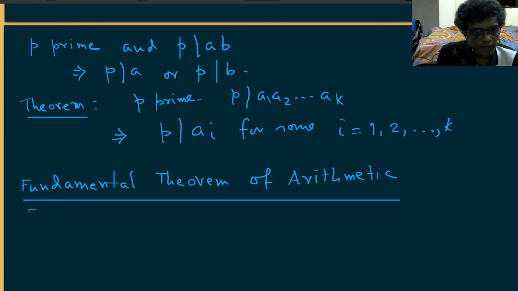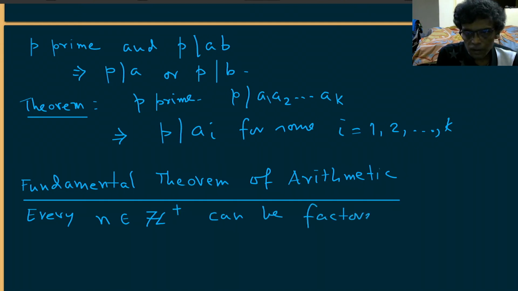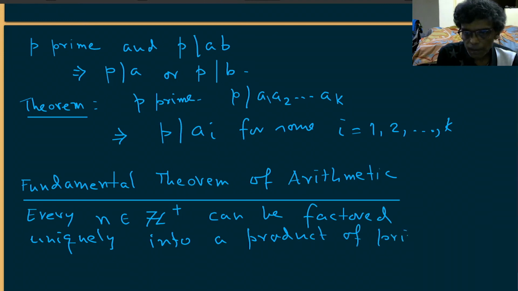It says that every n in Z plus can be factored uniquely into a product of primes.